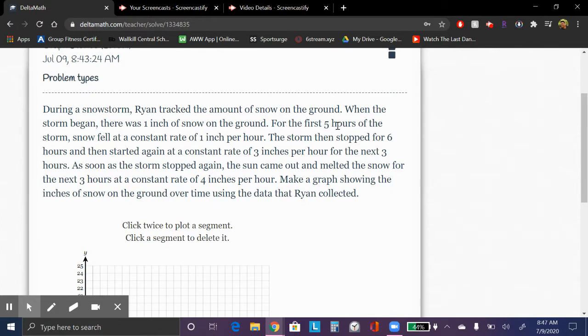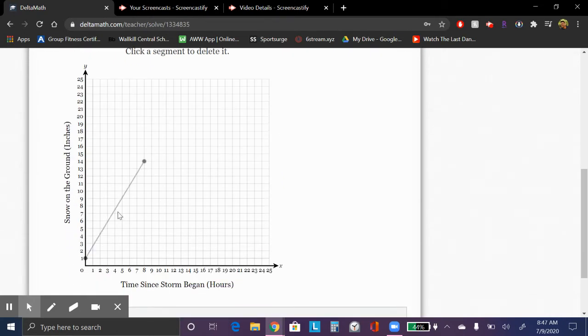For the first 5 hours of the storm, the snow fell at a constant rate of 1 inch per hour. So if I'm going up 1 inch per hour, I'm going to do that for 5 hours. So 1 hour, 2 hours, 3, 4, 5.